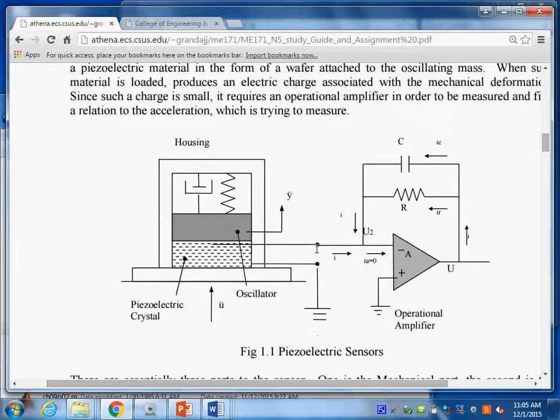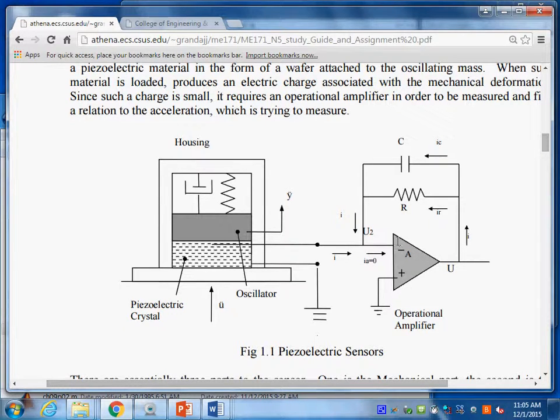But because in piezoelectric materials the voltage is very small, we need some sort of a device that will help us measure it. And that's where this comes in. This little circuit in here is the electronic part of this.